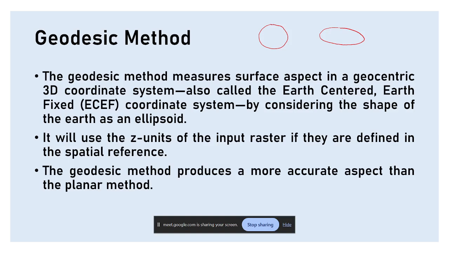The geodesic method produces a more accurate aspect than the planar method. The thing is, the planar method more or less makes use of the XY direction, right? Because it is 2D. But in the geodesic method, it also takes into account the variation along the third direction. So that is a little more accurate. Even though we say the planar method is the traditional one, the more accurate one is the geodesic method.